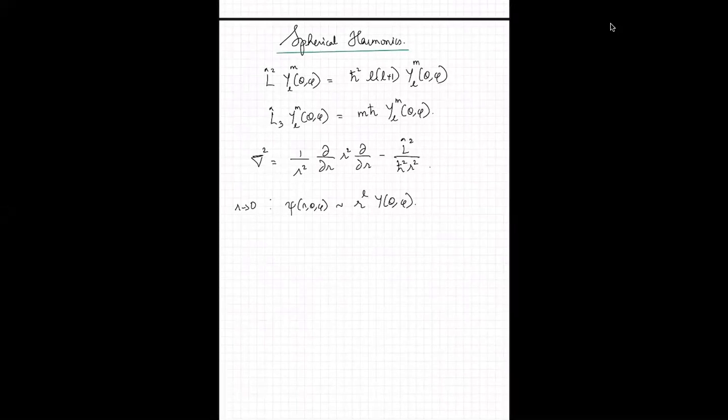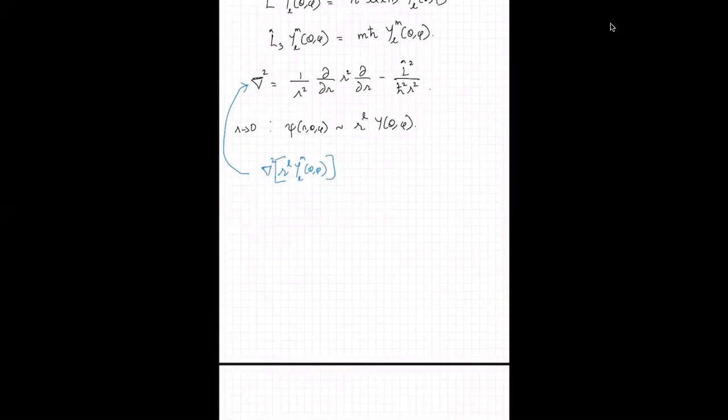Now, here's a fun exercise that you should do. Act with del square on this r to the L times Y_LM, and use this equation. So this is your del square, and this is equal to 0.